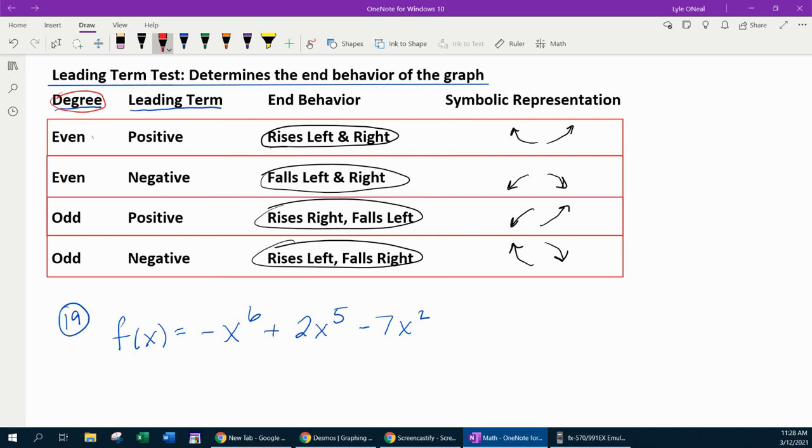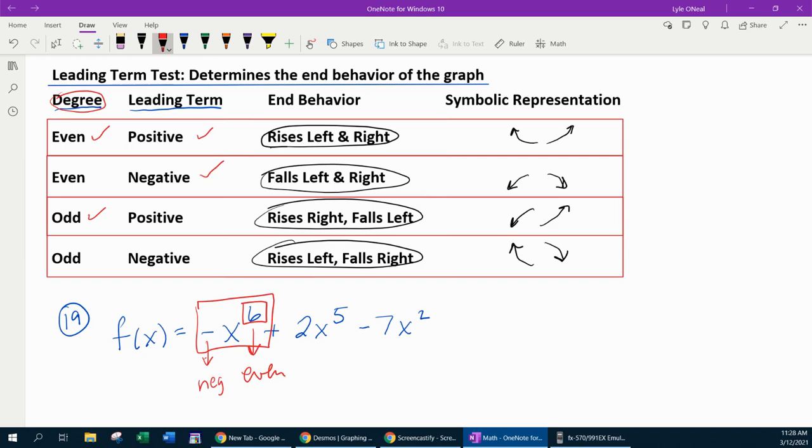You want to know if it's even or odd. So the degree is the biggest exponent on any variable. 6 is even, so we now know that it has to be one of the first two options. And then we want to know, is the leading term positive or negative? Well, this is the leading term, and it is definitely negative.